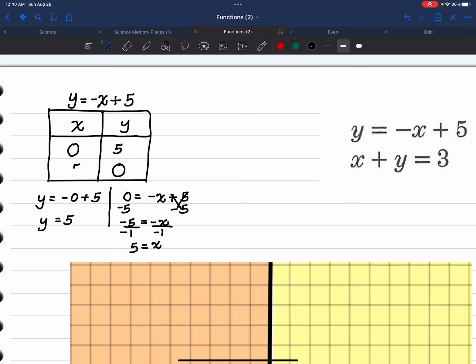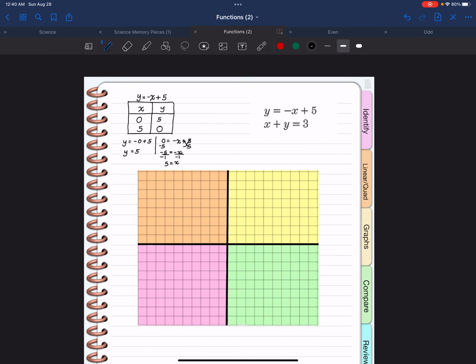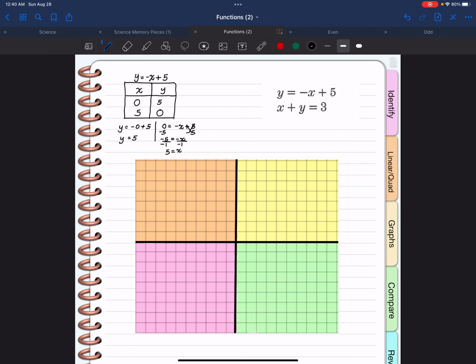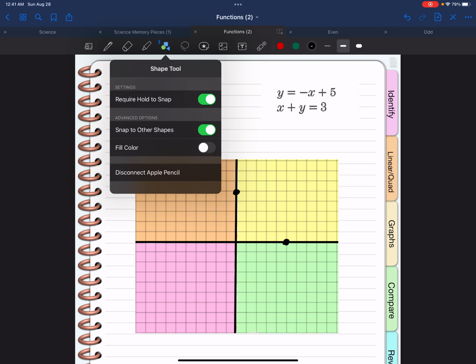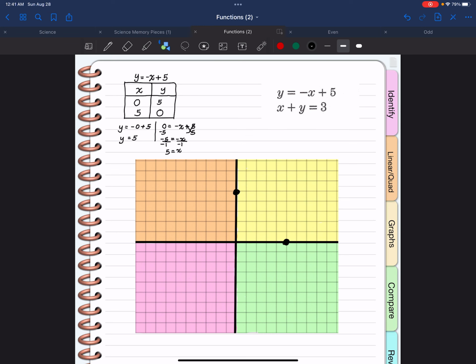That's interesting. So let me go ahead and graph this one. At 0, 5, and 5, 0. So this one has a negative slope. We knew that it would because the x is negative.